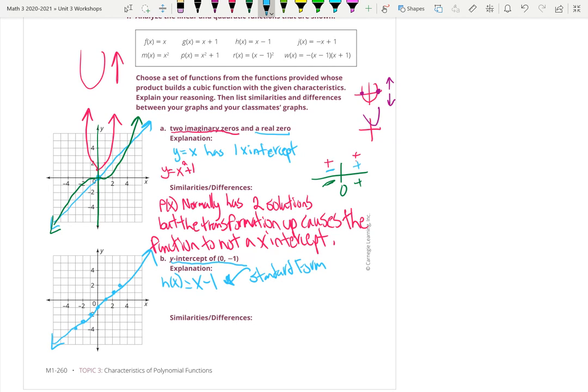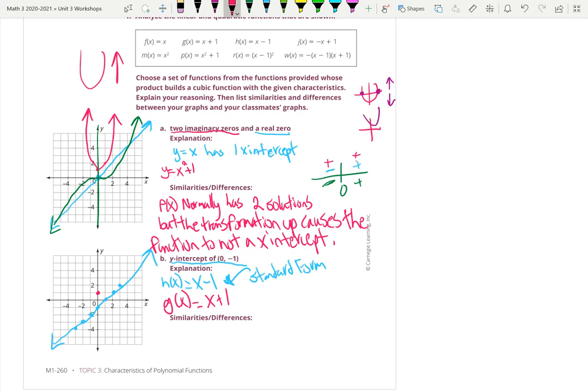Okay. Now I need to multiply it by something, but the idea is that I want it to stay a -1. So basically, whatever I need to multiply by, I need to multiply by a cubic, but the key is that I want the end to be negative. So I'm going to go ahead and choose g of x equals x plus 1.